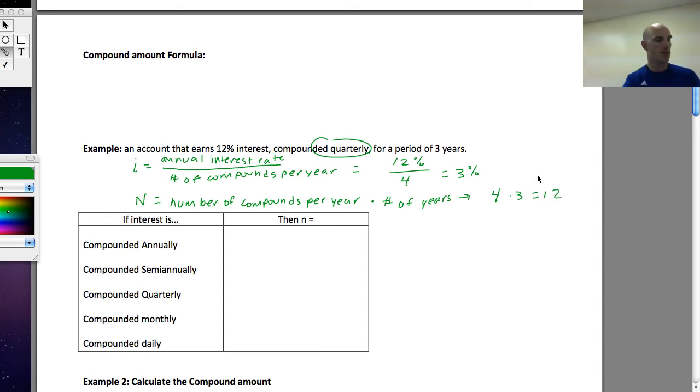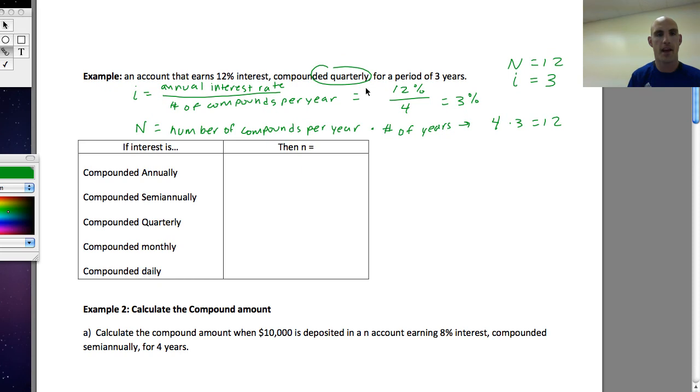So N equals 12, I equals 3. All right, that's how this works. So we plug all that stuff in, and we find a couple of different values that we need in order to solve this formula. Here's a little chart. Annually, N equals 1. Semi-annually, 2. Quarterly is 4. Monthly is 12. Daily is 360. All right? Let's do an example.